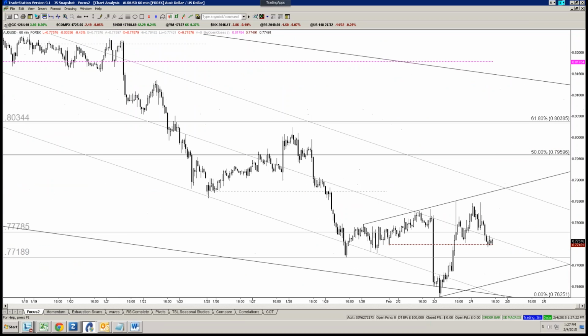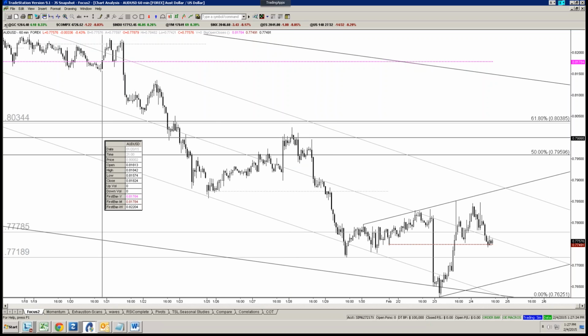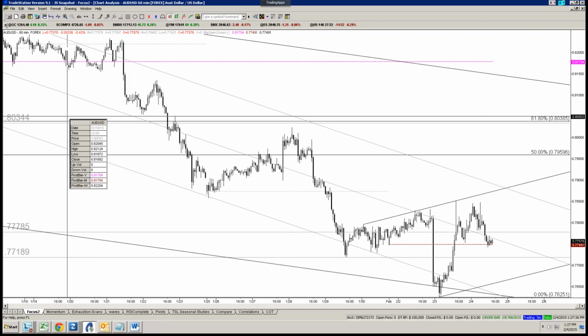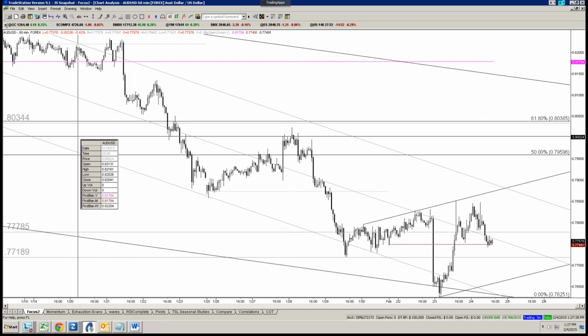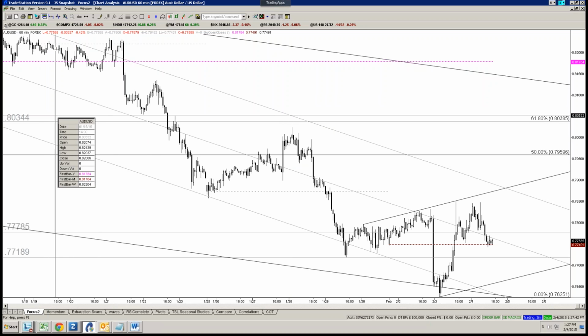Again, I think that both commodity currencies, Kiwi and Aussie, have a little bit of mess or choppiness in them to shake out market participants on both sides, to be quite honest.